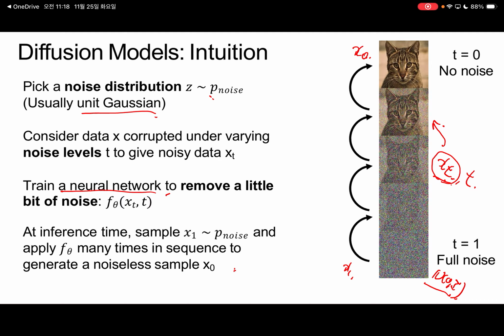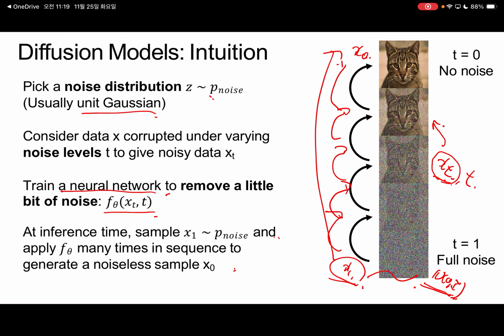At inference time, we sample x1. x1 is here, right? We sample from the normal Gaussian distribution and apply f theta, the neural network, which can progressively denoise the randomly sampled noise x1 to x0. It's a little bit different from VAE and GAN, right?